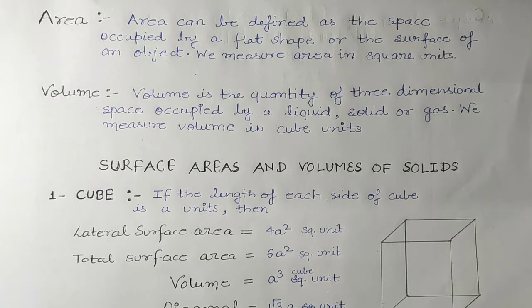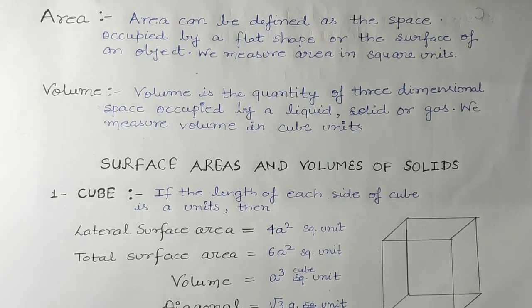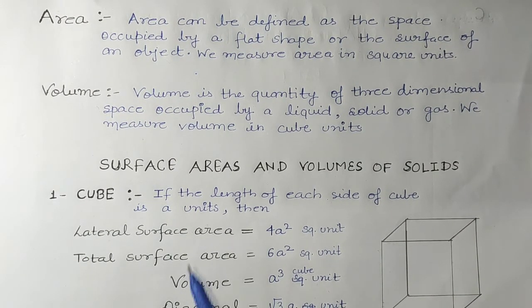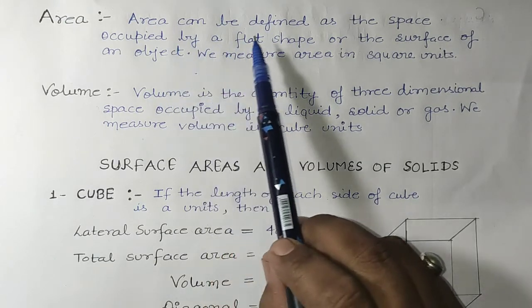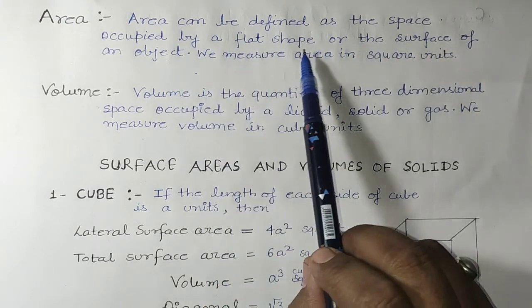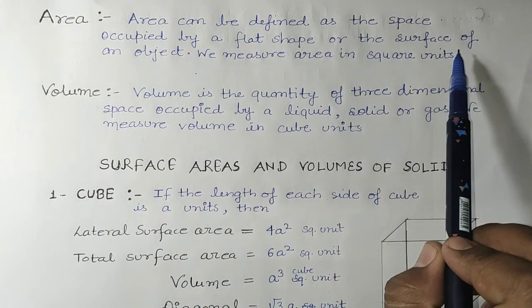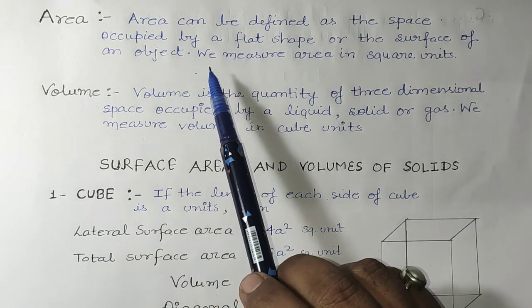So, if we want to calculate the region bounded by a two-dimensional figure, then we find area. But if we want to find the space occupied by a three-dimensional solid, then we find volume. So, let us see the definition of area. Area can be defined as the space occupied by a flat shape or the surface of an object.